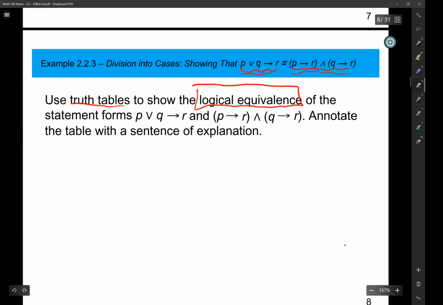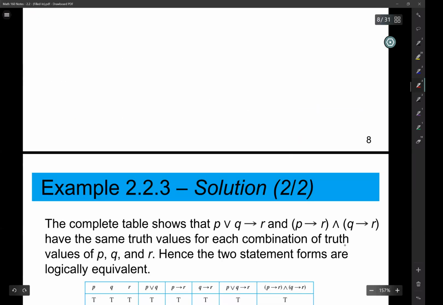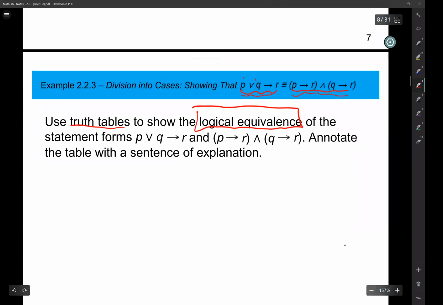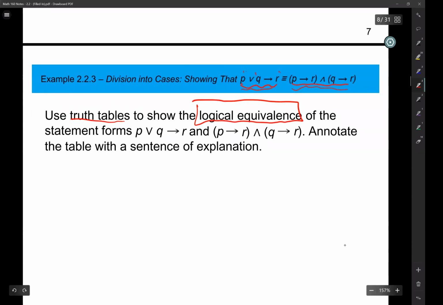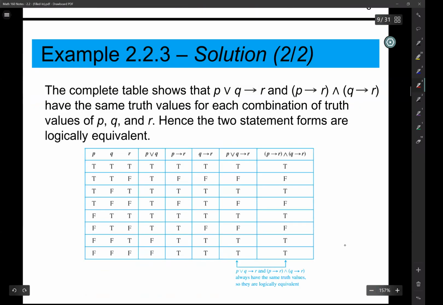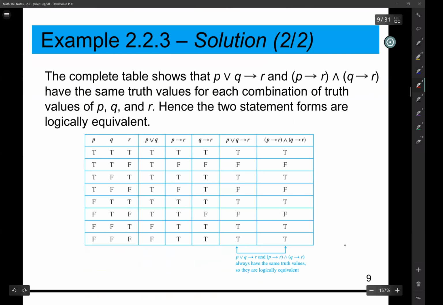Now this one is quite long again because we have three statement variables, P, Q, and R. So go ahead and on your own, check out the answer that I have built here for you. Notice that there's 8 rows here.